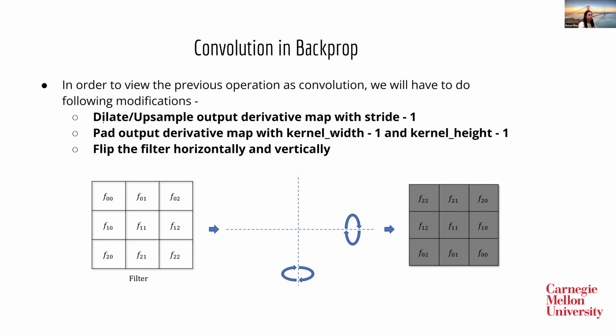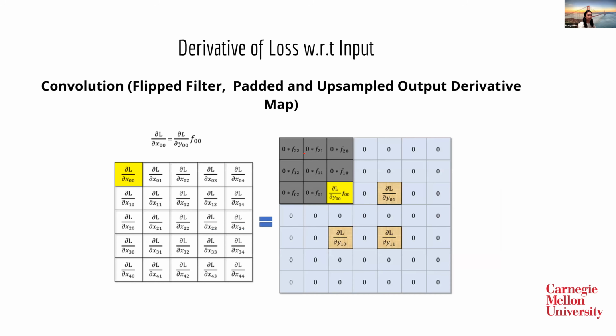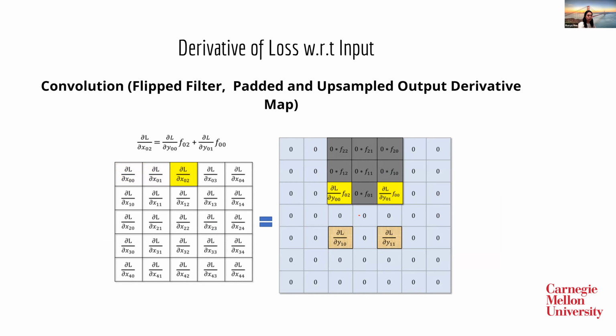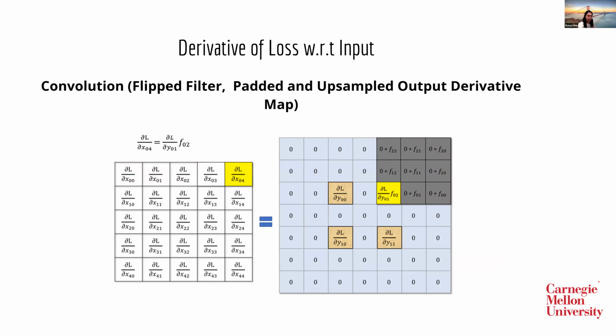First we want to dilate, or we can call it upsample, the affine derivative map with your stride settings, and you also need to pad the affine derivative map with your kernel settings, and then flip the filter horizontally and vertically. And after that, you can just run the convolution calculation we introduced before to get the derivative with respect to the input.